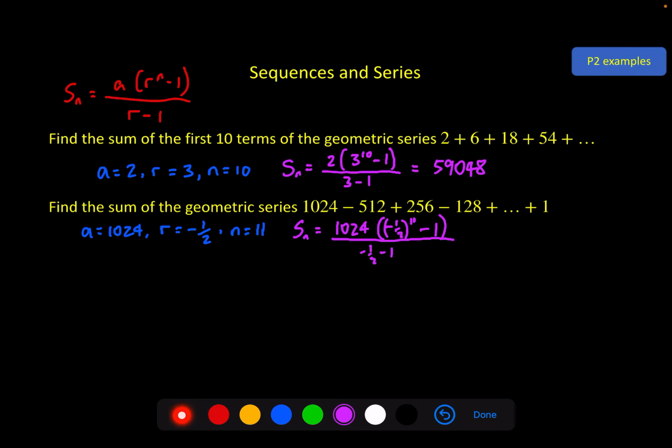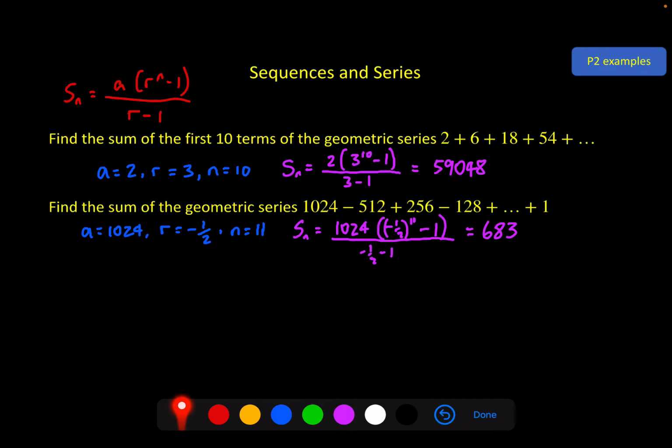So I've got minus 1 over 2 to the power of 11. Then I need to subtract 1 off of that, multiply it by 1024, and divide that by minus a half, minus 1. And I get the answer 683.